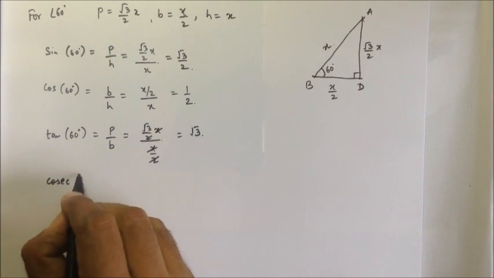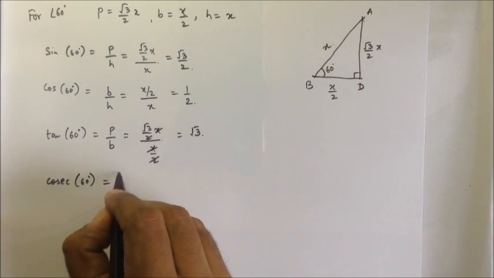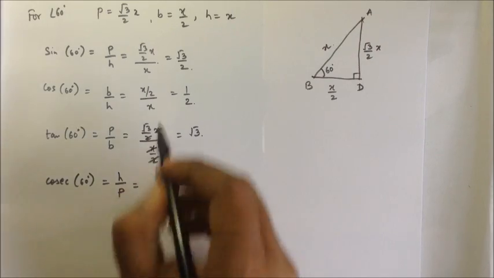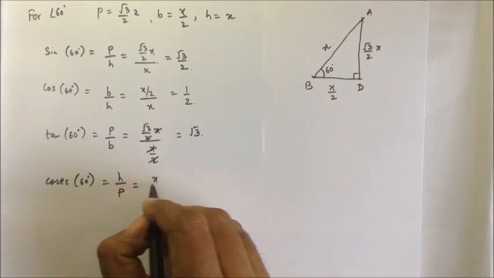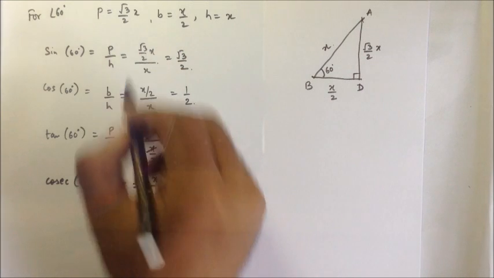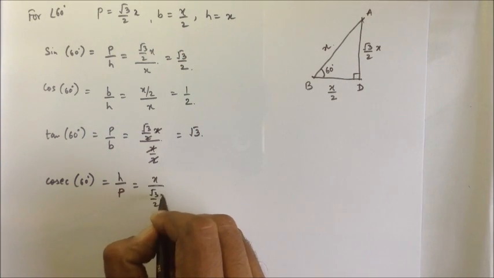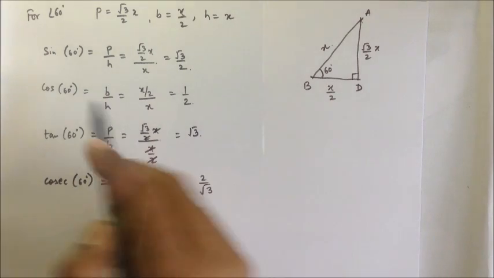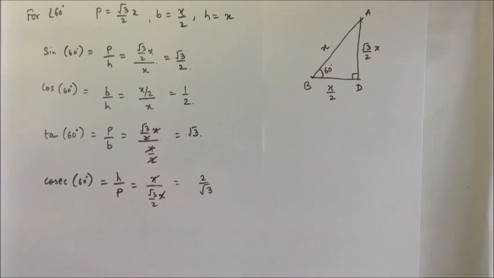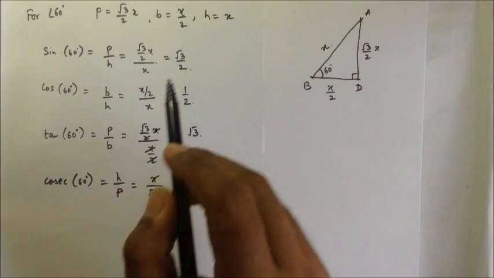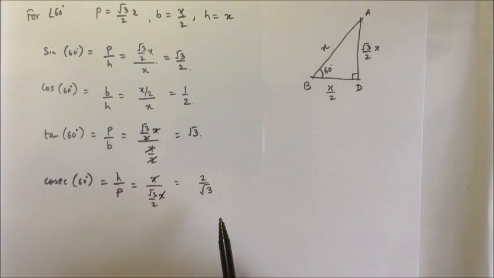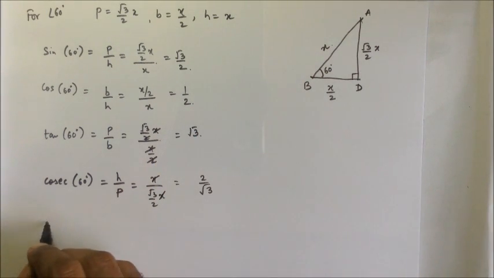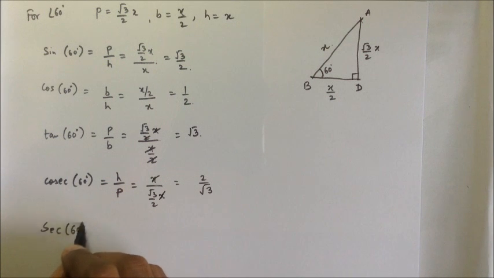The next would be cosec of 60, which is hypotenuse upon perpendicular. Now the hypotenuse is x, and the perpendicular is root 3 by 2x, which would come out to be 2 by root 3, or we can simply use the fact that cosec is the reciprocal of sine. So since sine was root 3 by 2, cosec has to be its reciprocal. Next would be sec of 60 degree.